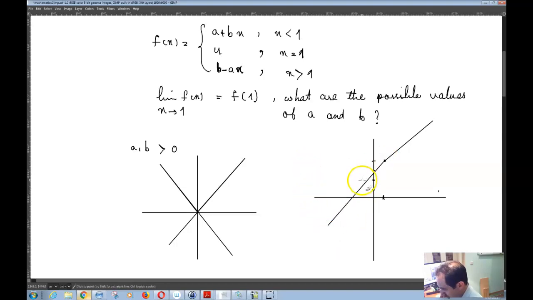But the important point is that these two lines have this point of intersection at this point. Other than that, they can have any sort of slope, and that would be fine. So then, based on this condition, we can calculate the possible values of a and b.